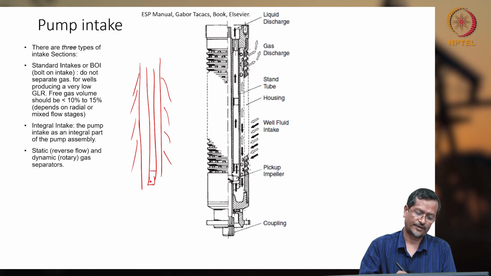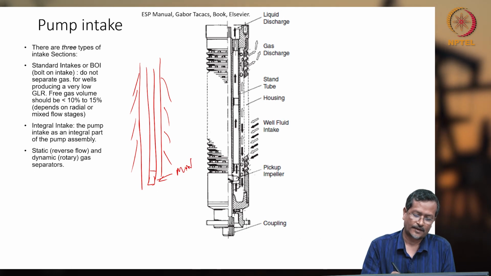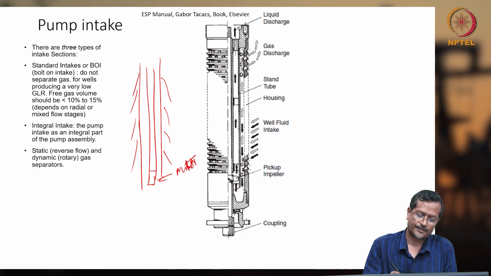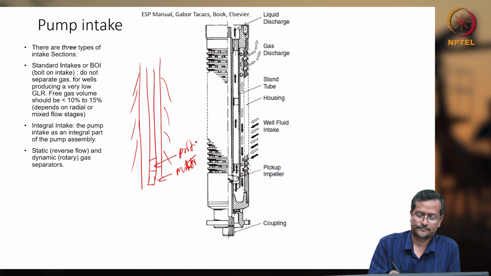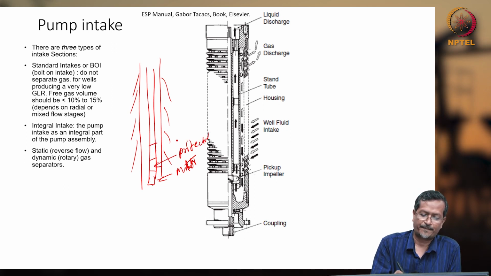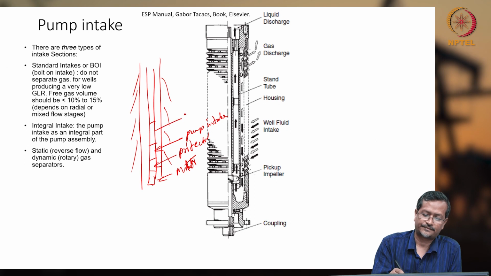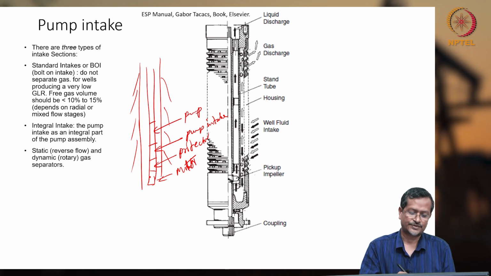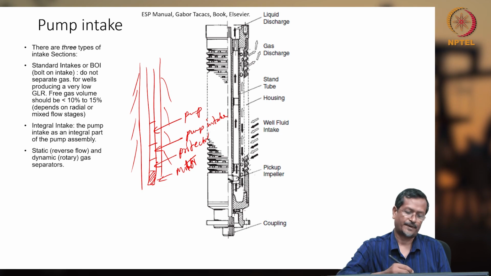So first there will be motor, then there will be protector, then there will be pump intake, then there will be pump. The sequence, if you see, is normally motor at the bottom, then the protector section, and there will be pump intake, then pump.